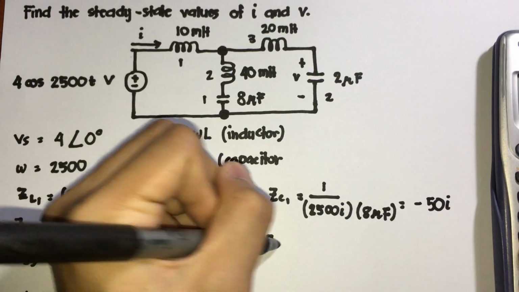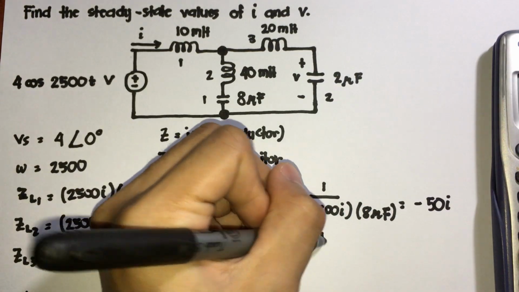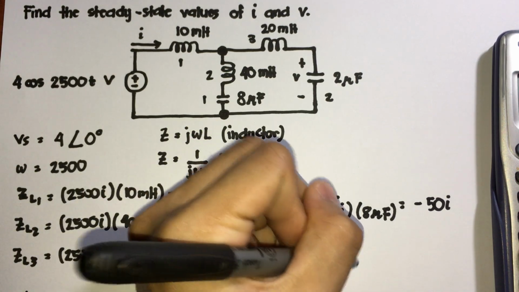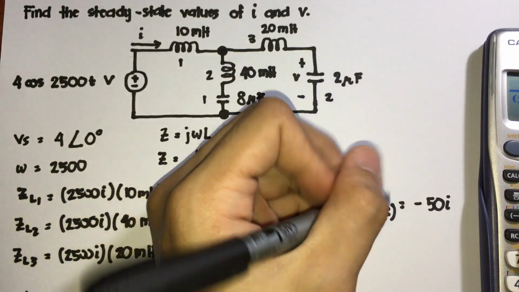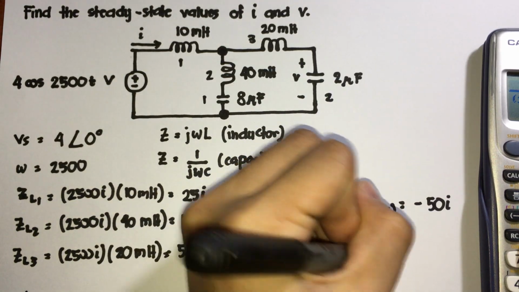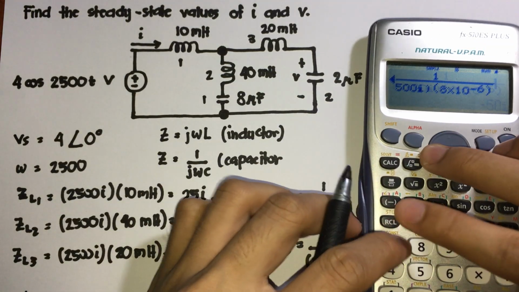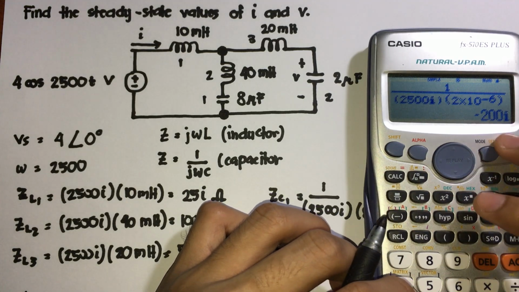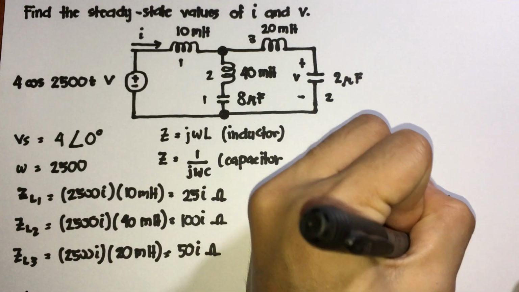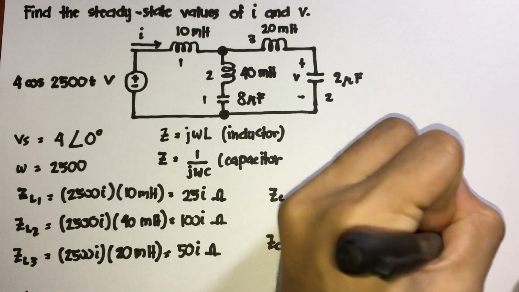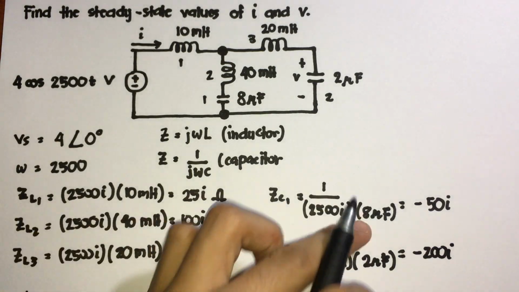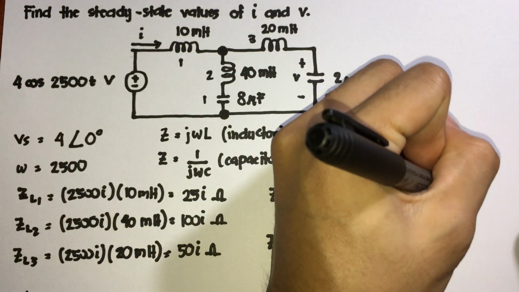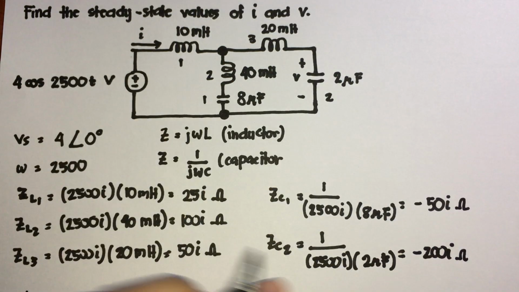For the second capacitor, we have 1 over 2500I times 2 microfarad, and we have the value of negative 200I. So after obtaining the impedances, we now have everything in ohms.